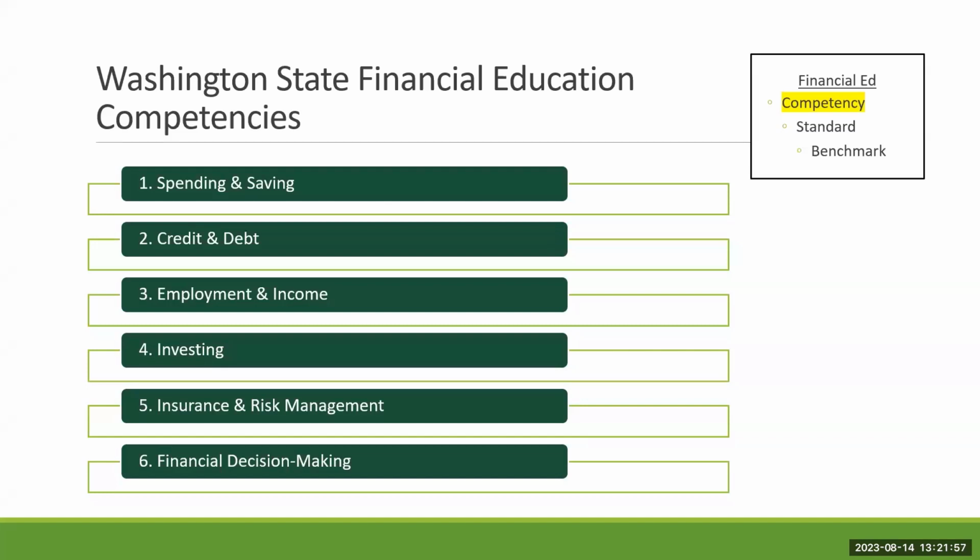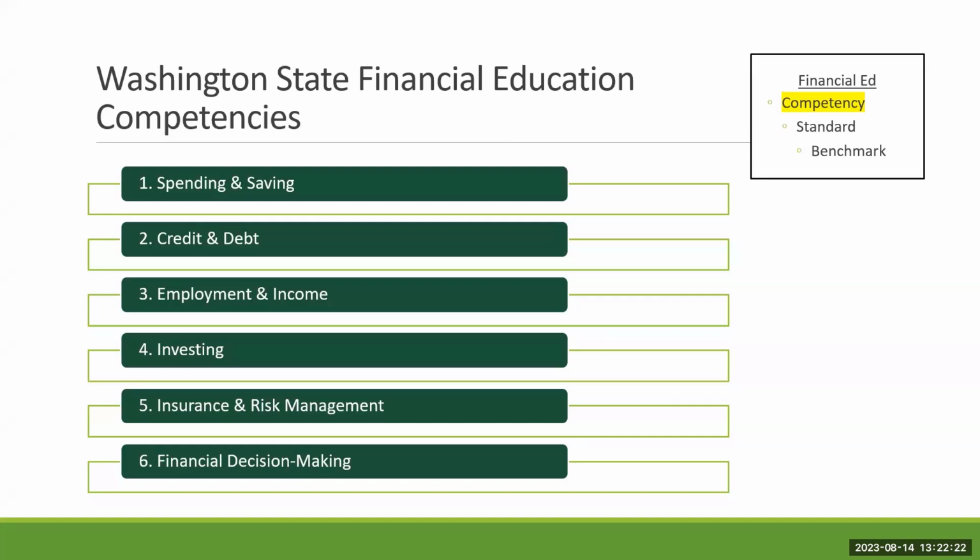So first, we have the Washington State Financial Education Standards. They're great. They go across 6 competencies, and you'll see up in the right-hand corner I have the organizational structure. What in ELA we would say domains, that's what we in financial education are calling the competencies.